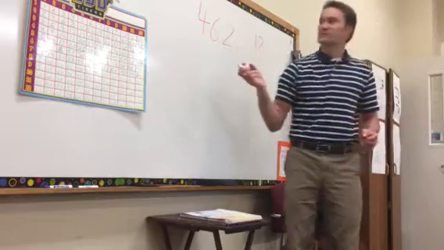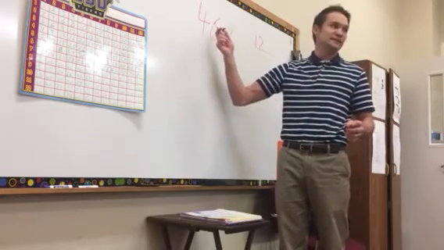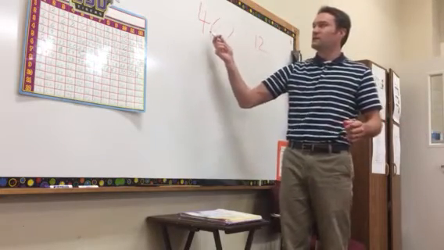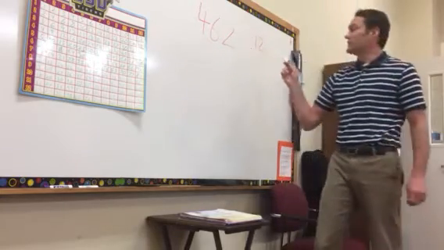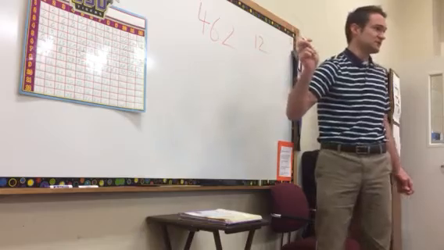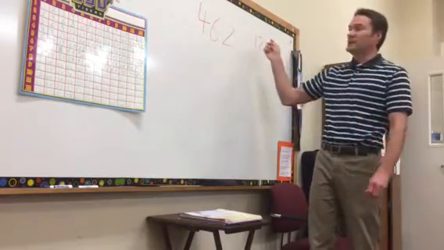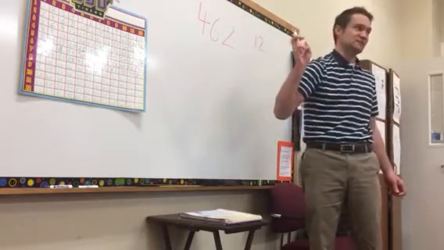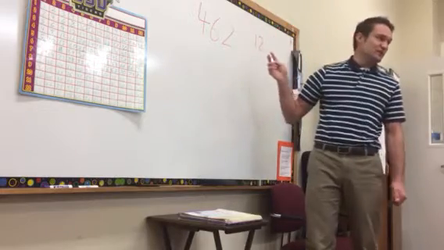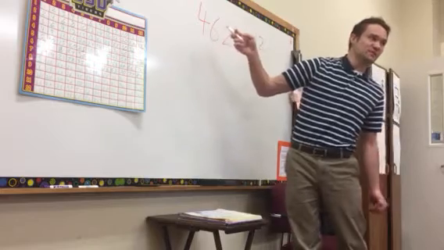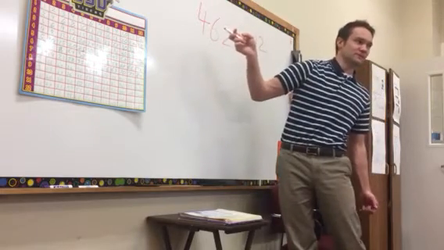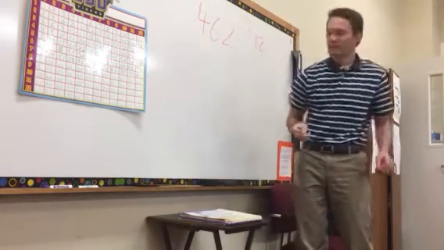We added up each digit, 4 plus 6 plus 2, and we got 12. Then we look at the sum of our digits. And if we can divide that by 3 evenly without a remainder, then that means this number can be divided by 3 without a remainder. Make sense now? Okay.